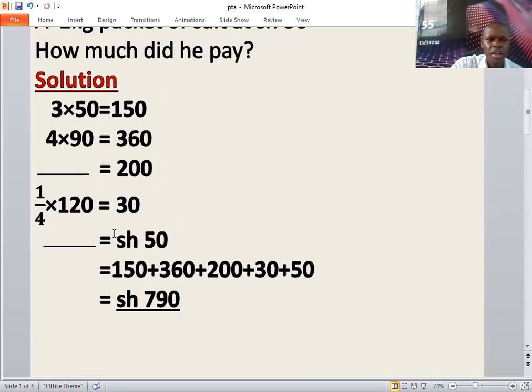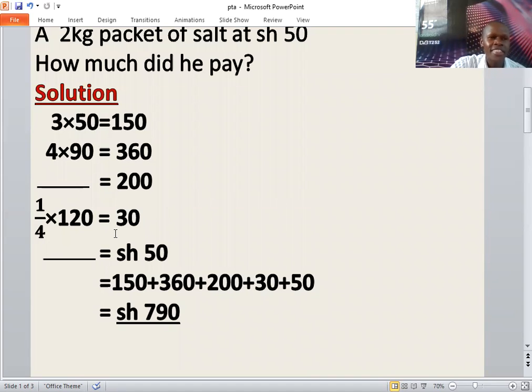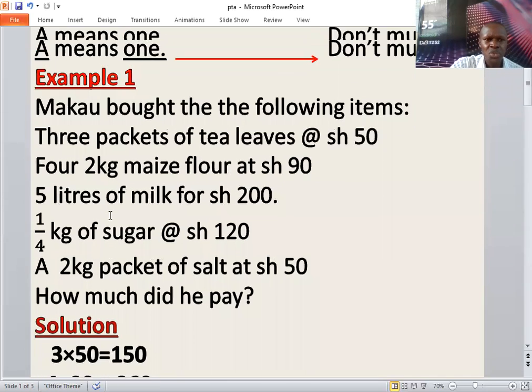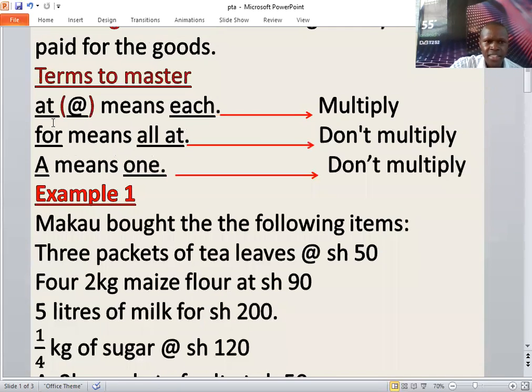After working out, probably you can extend, go through some question papers where we have some questions about bills. Work out the questions as you familiarize, as you get used to these terms at, for, and a, and all will be well.